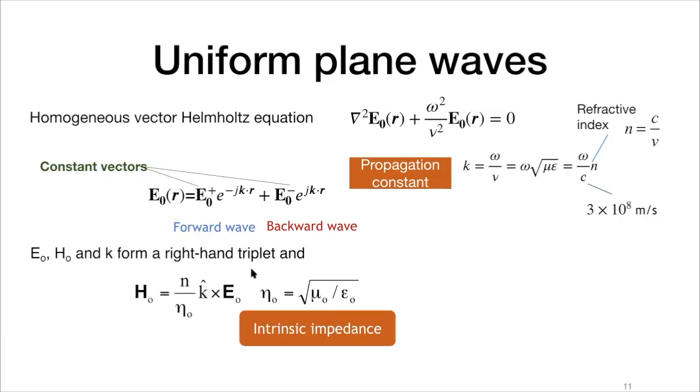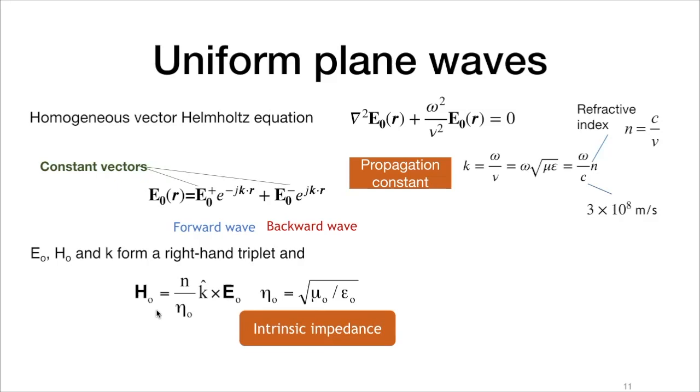Now, we can also make the same exercise for the H vector, or we can use Maxwell's equations to define a relation for the phasor representation of the magnetic field, from which we can learn that H is the cross product between the propagation vector k and the electric field phasor E node.